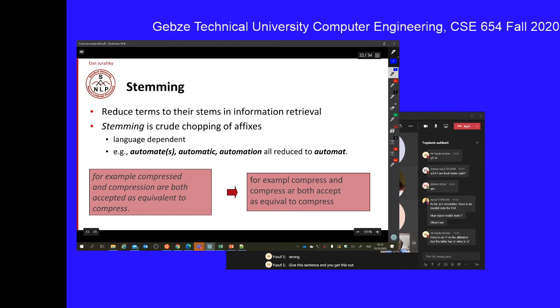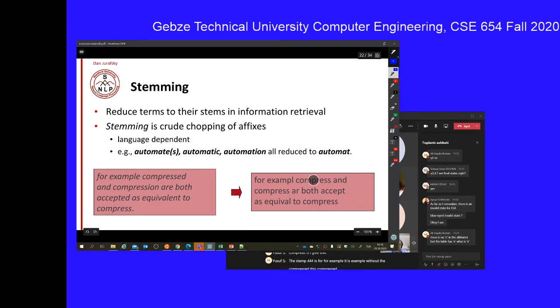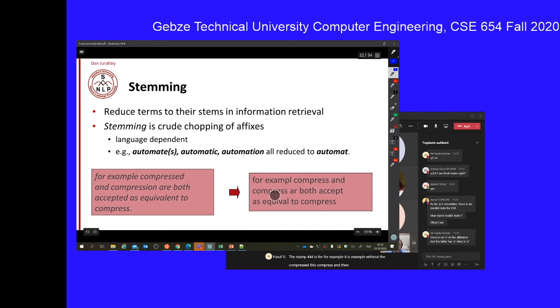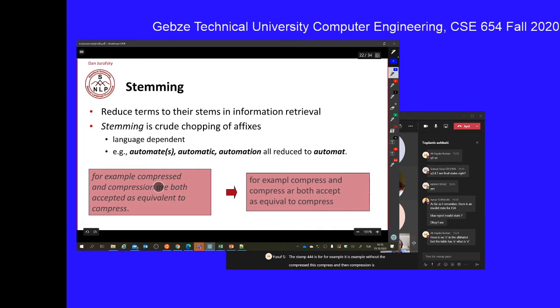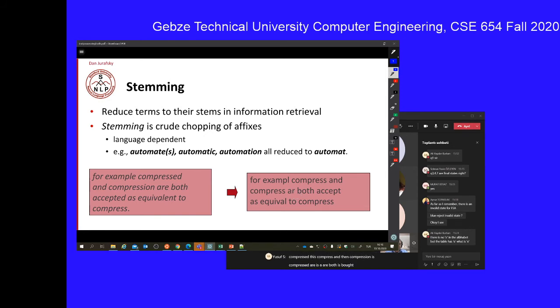For example, "compressed" and "compression" are both accepted as equivalent to "compress." The stem for "for" is "for." "Example" is "exampl" without the E. "Compressed" is "compress," "and" is "and," "compression" is "compress," "are" is "ar," "both" is "both," "accepted" is "accept," etc.